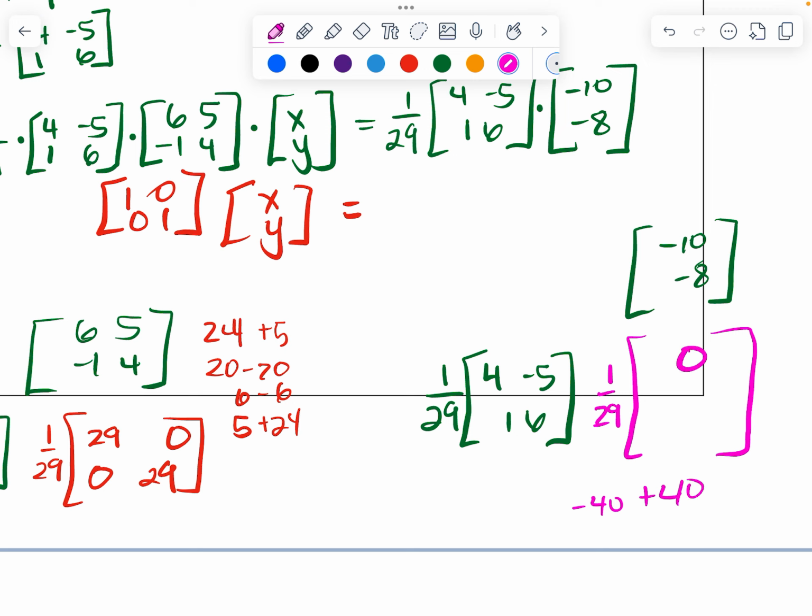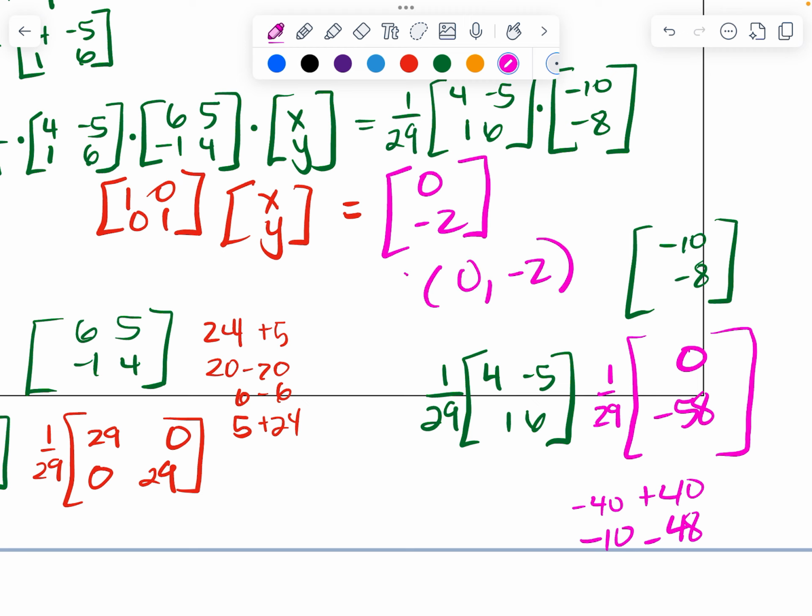And then that's going to be negative 10 minus 48. Minus 48. So negative 58. So that means that this is going to be 0, negative 2. So my solution is 0, negative 2. That's the answer. Okay.